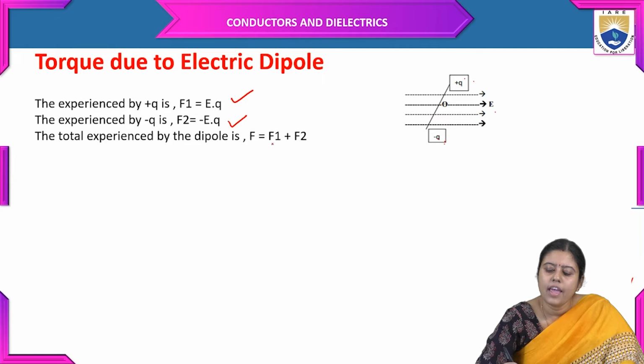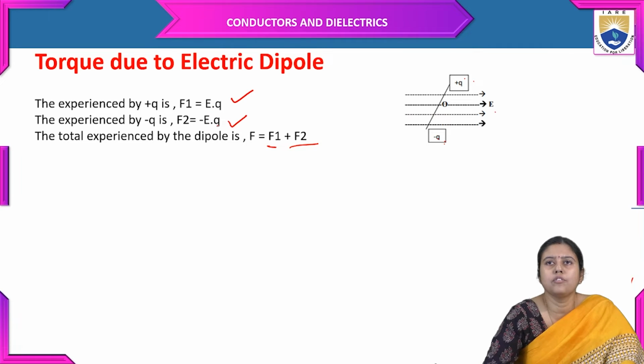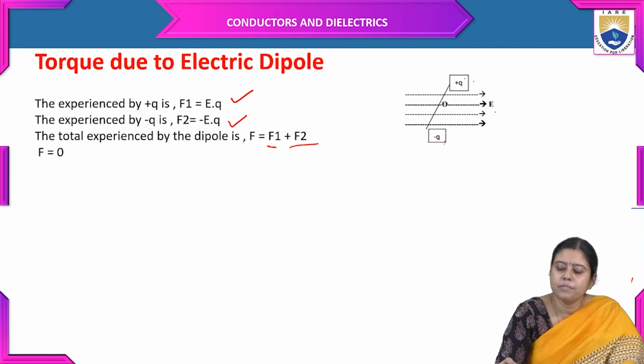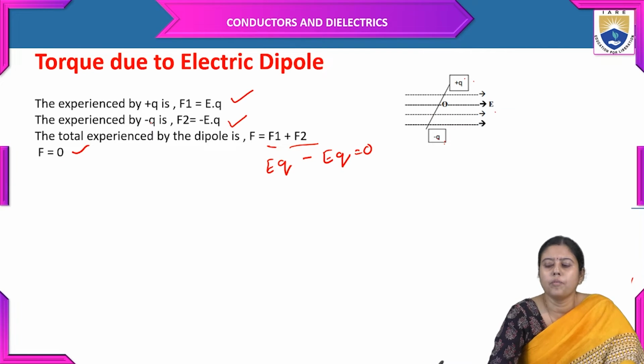Total force is F1 plus F2, EQ minus EQ, so the force will be 0.